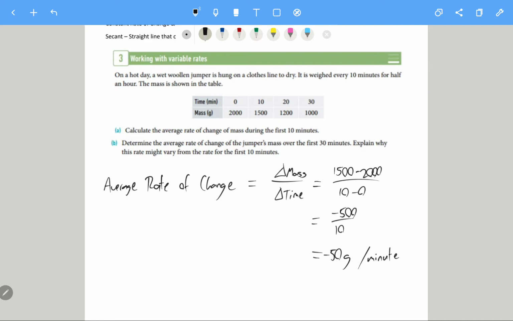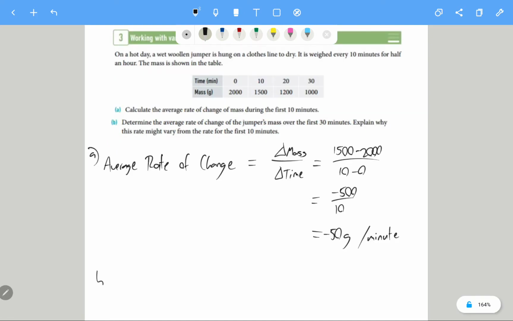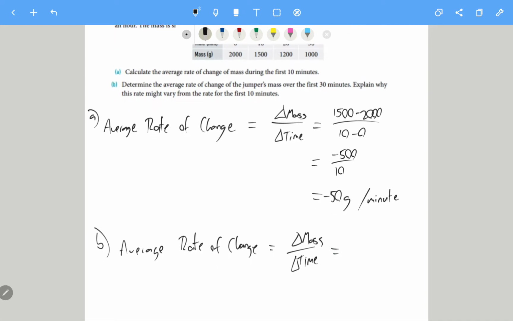The second part asks us, how much did it change over the first 30 minutes? So, for the average rate of change, once again, it's going to be the change in the mass, del mass over del time, the change in the time. At the end of 30 minutes, it's 1,000, so it's gone down by 1,000 minus 2,000.